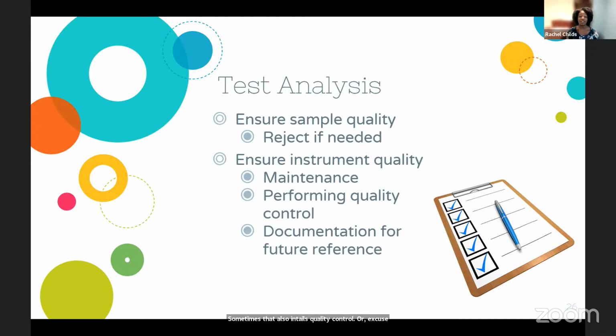We always want to make sure our instrument is performing at the level that it should before we even run any patient test. And then lastly, we want to document for future reference just so that we have a record that the instrument at any given time during the day is performing at the level that it should. So all of that is involved before even a test is run on the instrument.